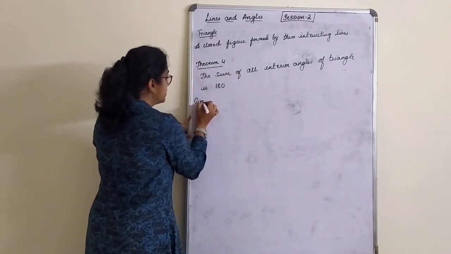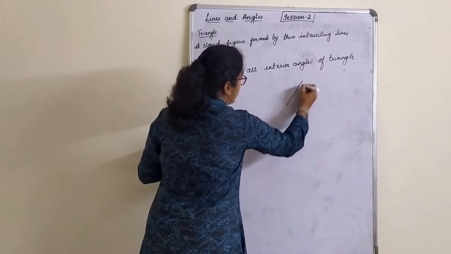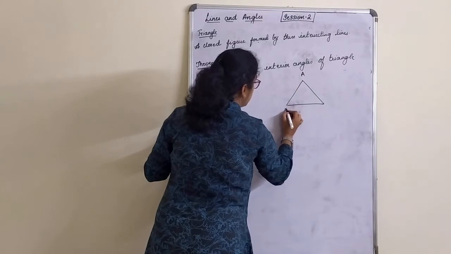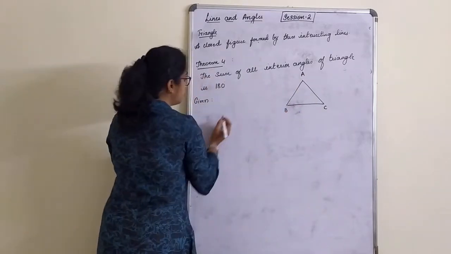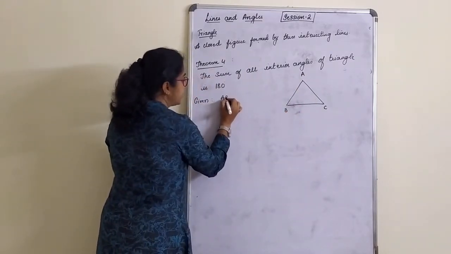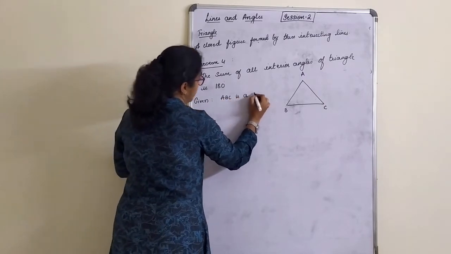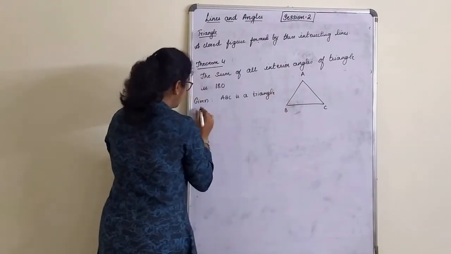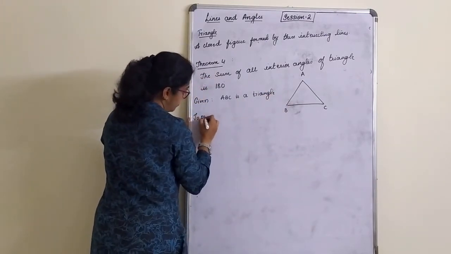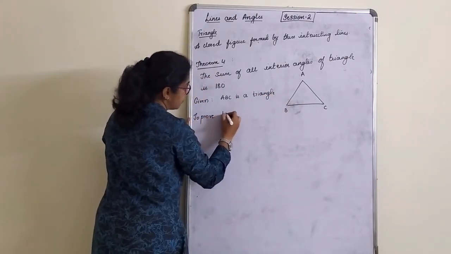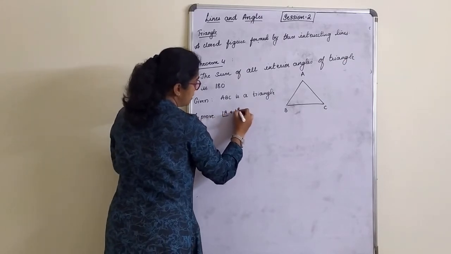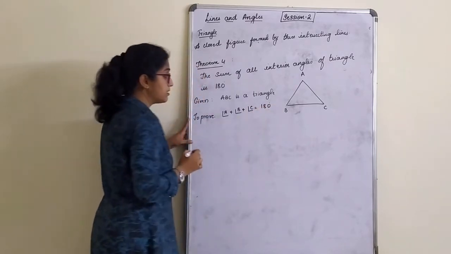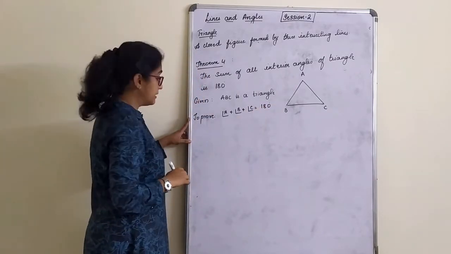So given, first of all, draw a triangle. Name that as A, B, C. So given is what? ABC is a triangle. That's all. To prove: angle A plus angle B plus angle C is equal to 180. That is what we call the angle sum property.